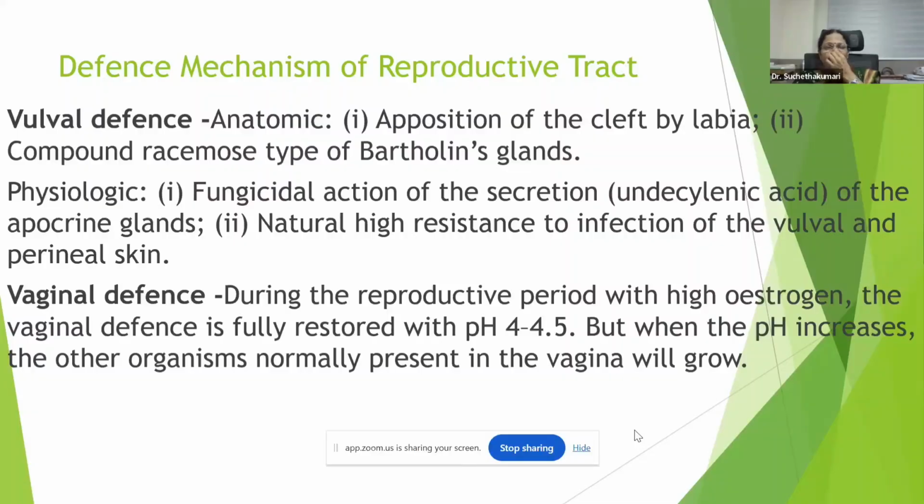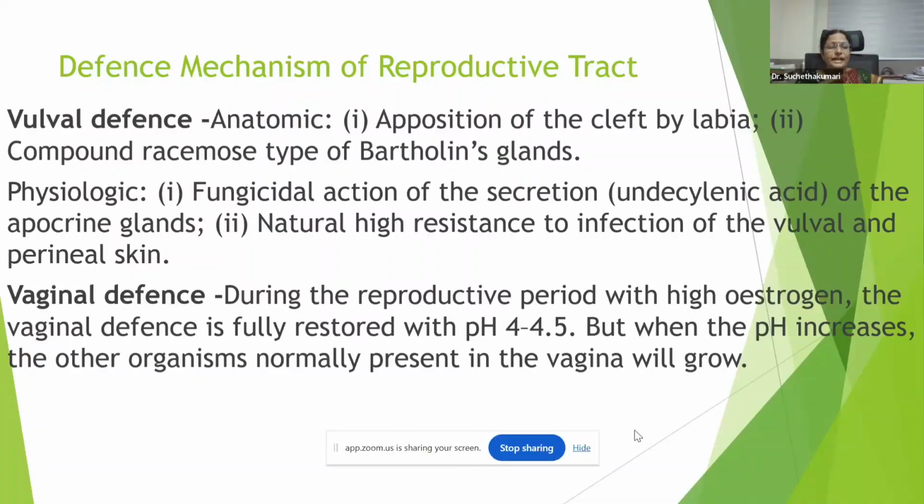Anatomically, we can see that there is the apposition of the cleft by the labia, and also there are the Bartholin's glands, which prevent the ascent of infection into the reproductive tract. Physiologically, there is the fungicidal action of the secretions of the apocrine glands, and also the natural high resistance to infection of the vulval and the perineal skin.